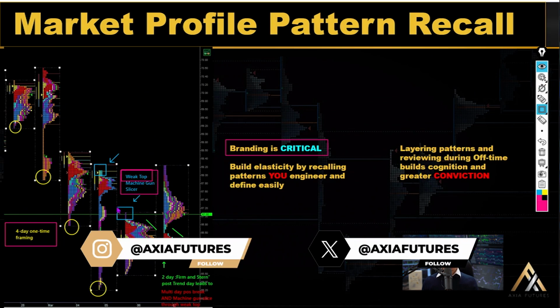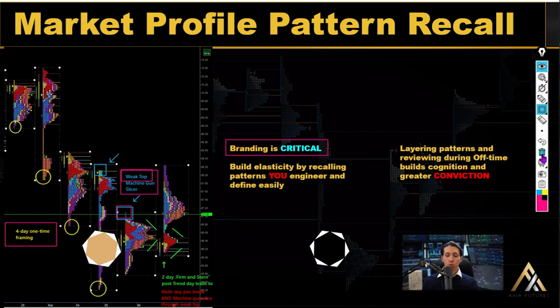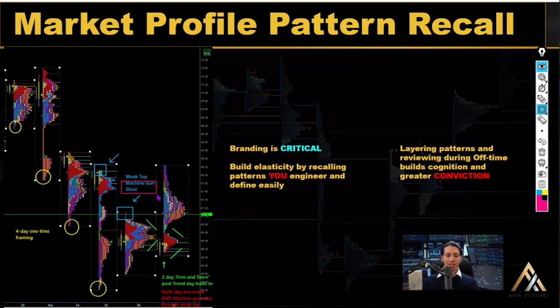So we talked about a lack of tail on a profile. This here is a lack of a tail, right? This is a completely balanced profile. So I need to look for a machine gun slicing order flow pattern to actually take this tail out.